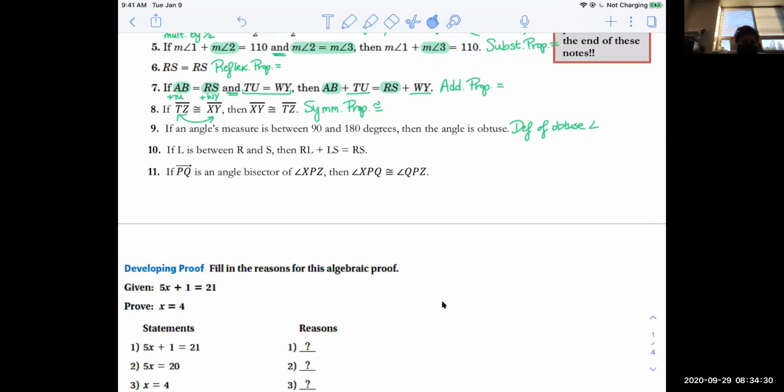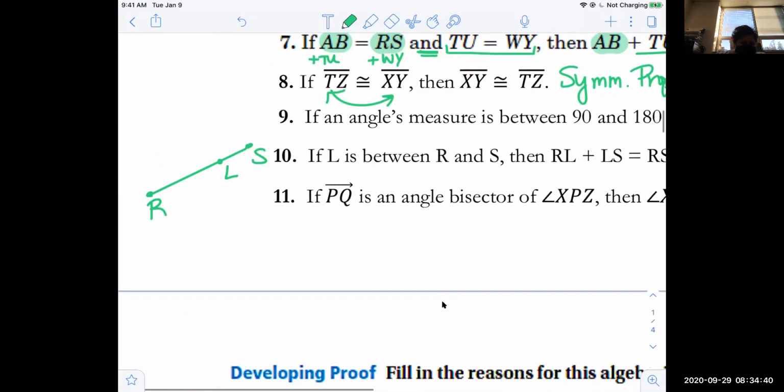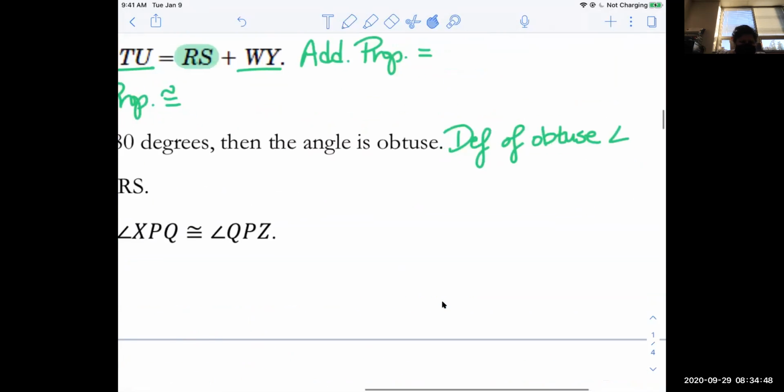If L is between R and S, then RL plus LS equals RS. What is that? Maya? That is segment addition postulate.